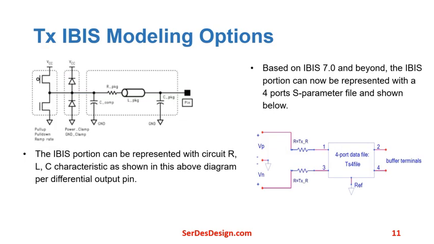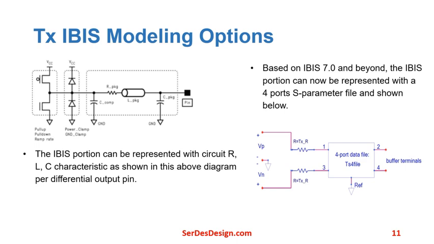There are two basic IBIS-AMI modeling options. The typical transmit IBIS buffer model is composed of an RLC circuit with additional voltage-current tables for differential output pins, as shown in this top figure. This IBIS buffer model is quite limiting and does not do a good job modeling the actual transmit circuit output impedance.